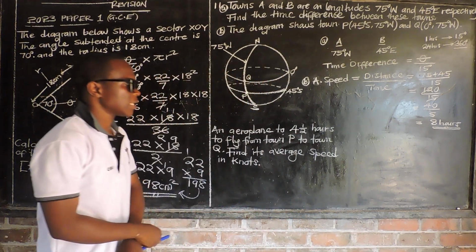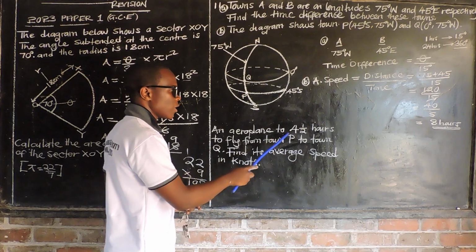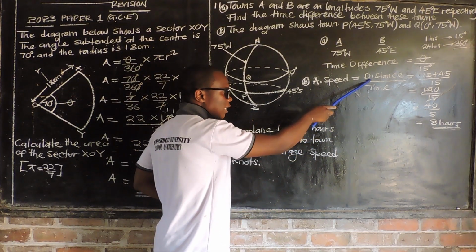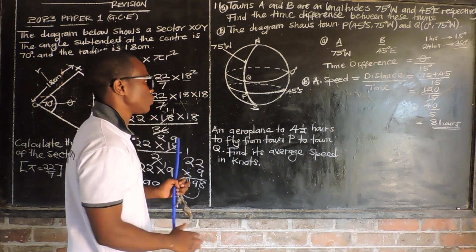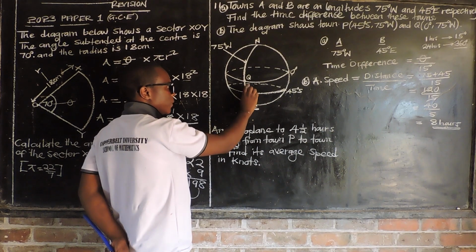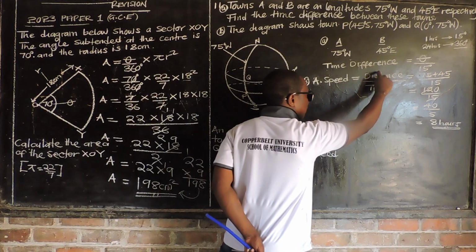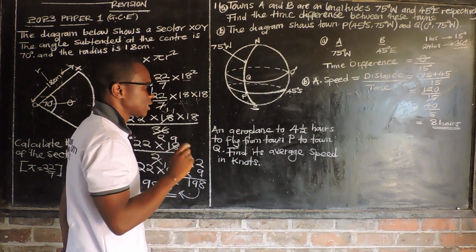In our case, the time has been given to be 4.5 hours. Now we don't have the distance, so first we need to find the distance between the two points, the distance PQ. Then substitute where there is distance.